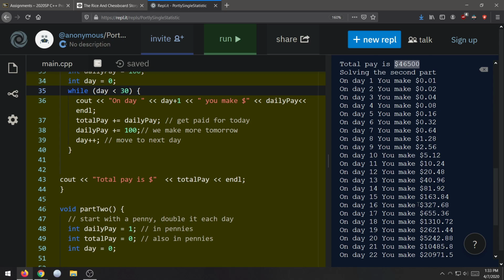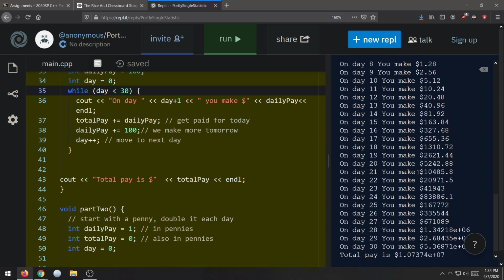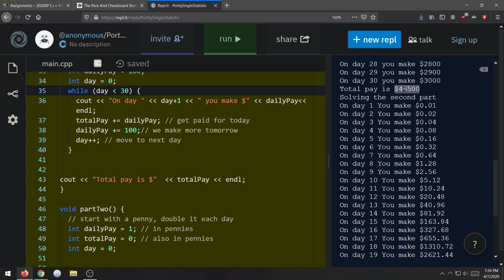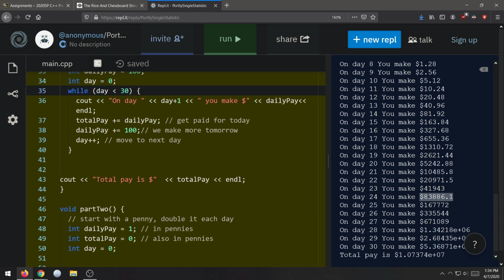Let's scroll down and look at this, and I see by day 30, I make so much money it won't fit in a double. And I can already see here, my total pay was 46,000, and I'm making more than that a week ahead of time. Okay. So, that's pretty good.